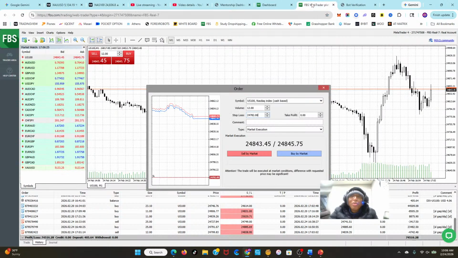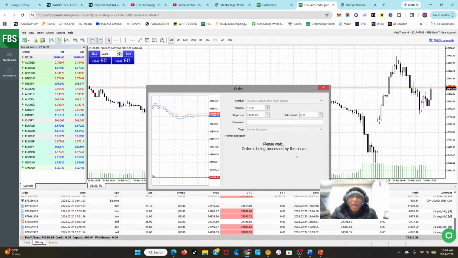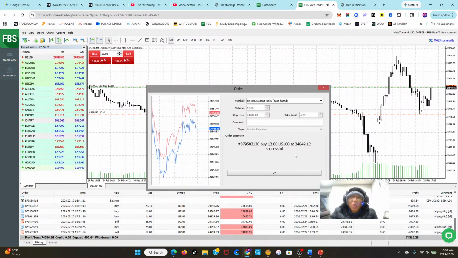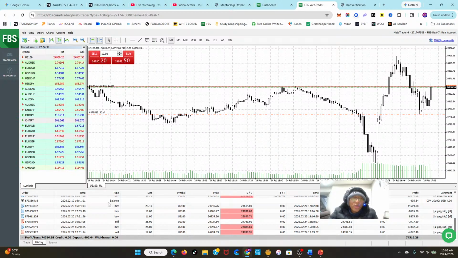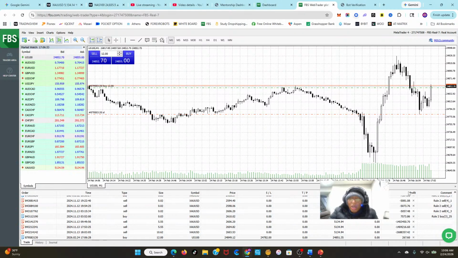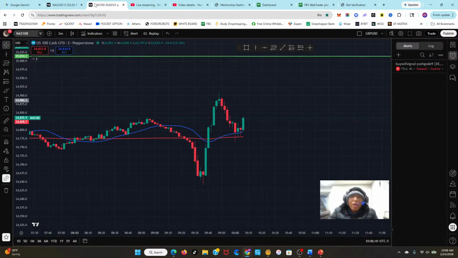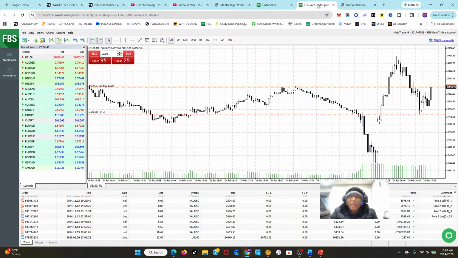Oh wow, we missed that. We're gonna buy. We are in the trade. It's this one right here. Okay. We can monitor it here. This is our stop loss. This is where we entered.